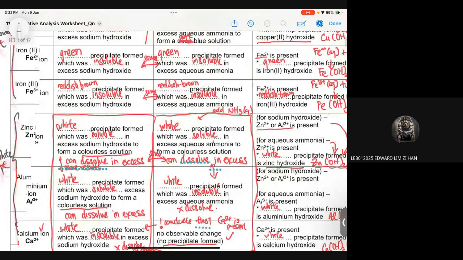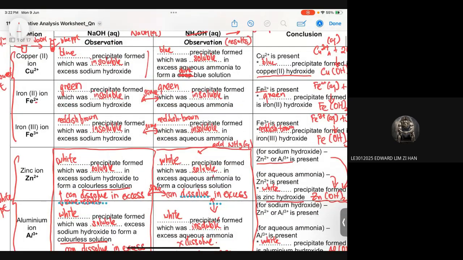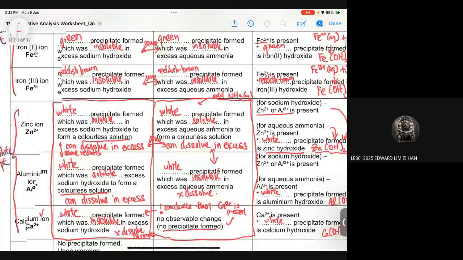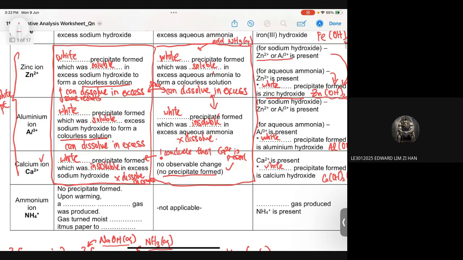So you realize that there are a total of 7 cations that you need to identify. 3 of them are colored, 3 of them are white. Then the last one is an interesting one. It is an ammonium cation. How do you know ammonium is present? It is when you add sodium hydroxide.